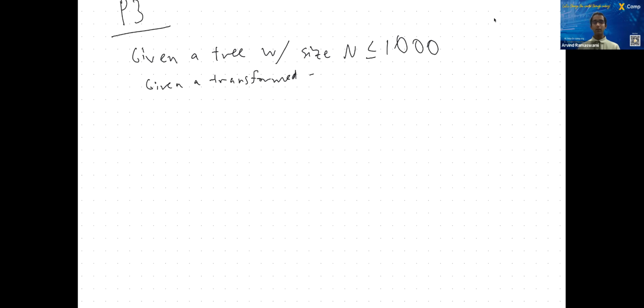And the problem is basically asking you to construct a sequence of operations to get from the original tree to the final tree. And the operations you're allowed to do are of the following form.